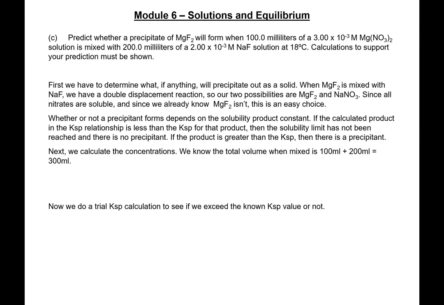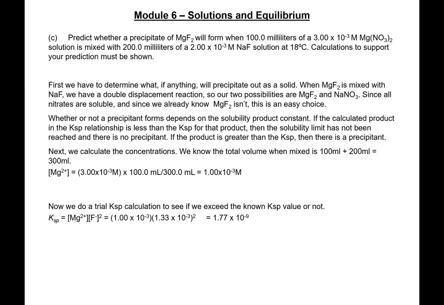Now we're going to do a trial KSP calculation to see if we exceed the known KSP value or not. So KSP is magnesium concentration times the fluoride concentration squared. We put the quantities which we know in there, 1 times 10 to the minus third and 1.33 times 10 to the minus third squared, and we get 1.77 times 10 to the minus ninth.